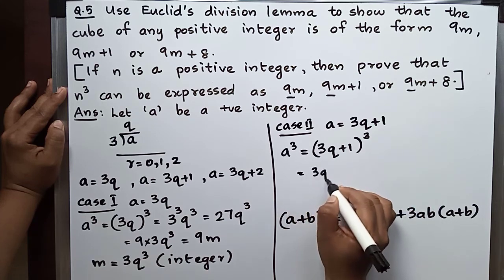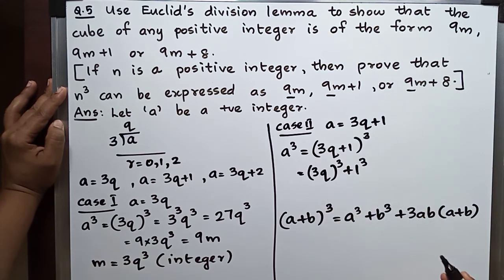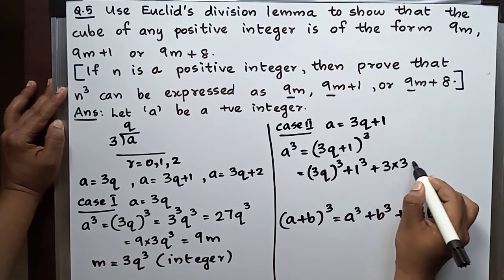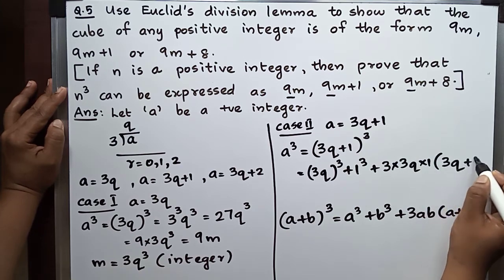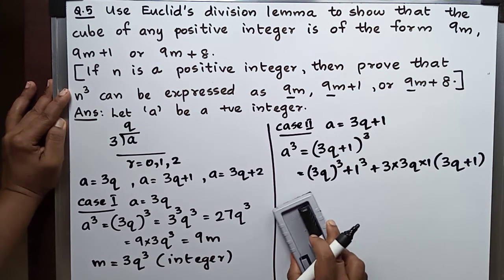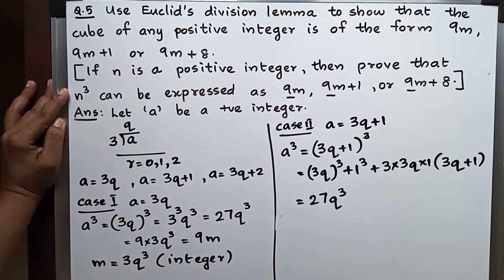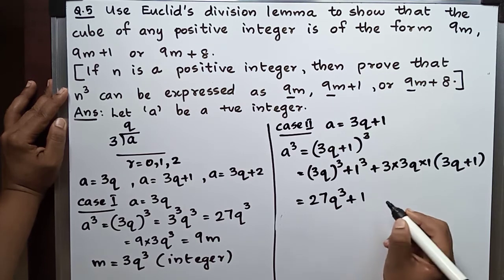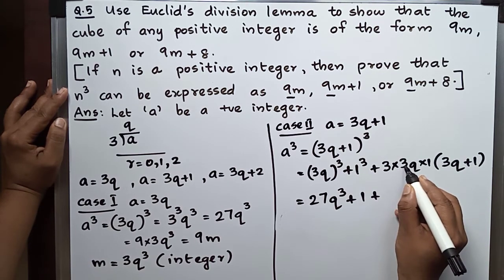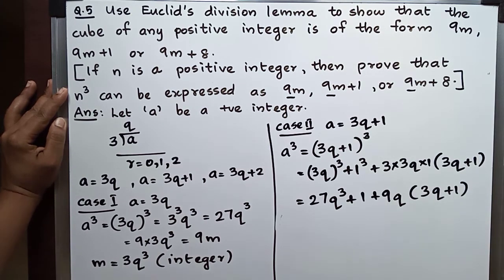So this is 3q the whole cube plus 1 cube, then 3ab will be 3 into 3q into 1, into a plus b, 3q plus 1. Now this is equal to 27q cube, since 3 cube is 27, plus 1 cube is 1, plus 3 into 3, what is 3 into 3? 9, 9q into 3q plus 1.